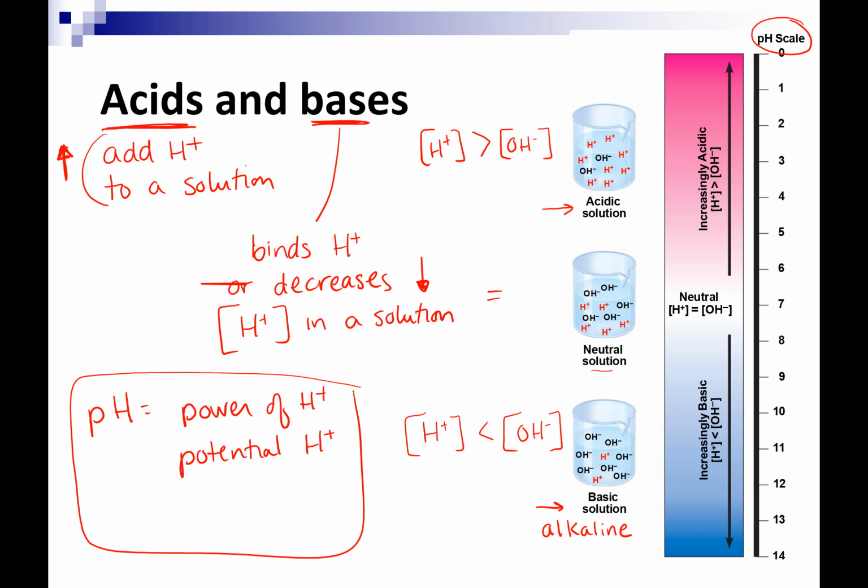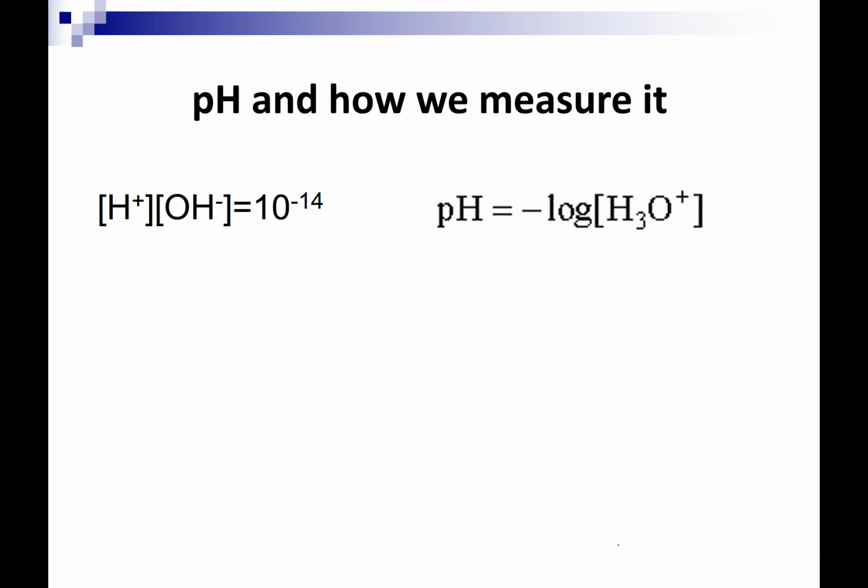But what's most important to note is that the pH tells you about the concentration of hydrogen ions in a solution. And I want you to see that the smaller numbers on the pH scale are for acids, and the larger numbers on the pH scale are for bases or alkaline solutions.